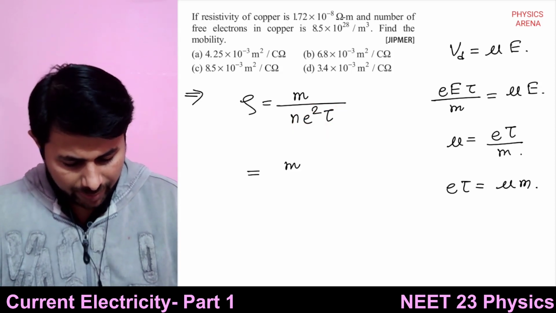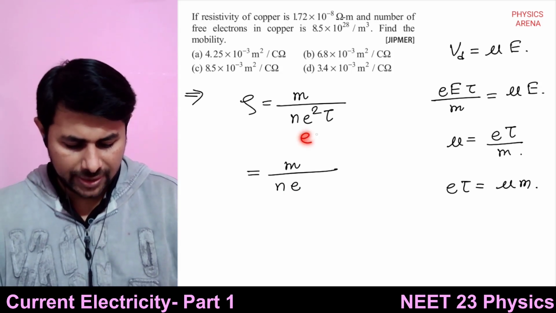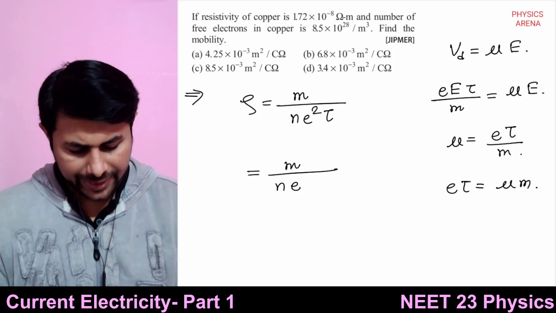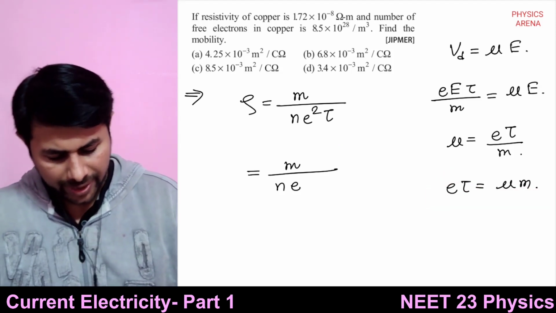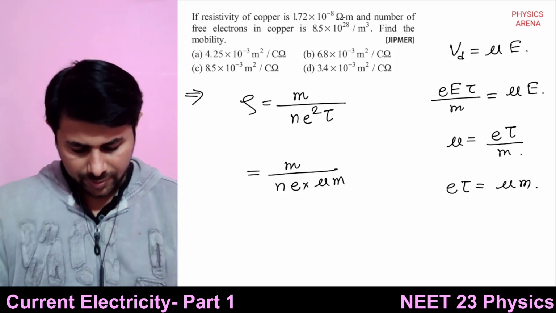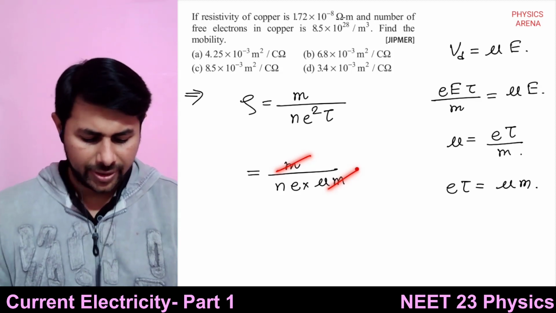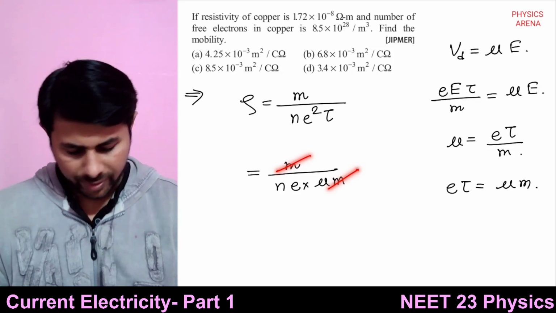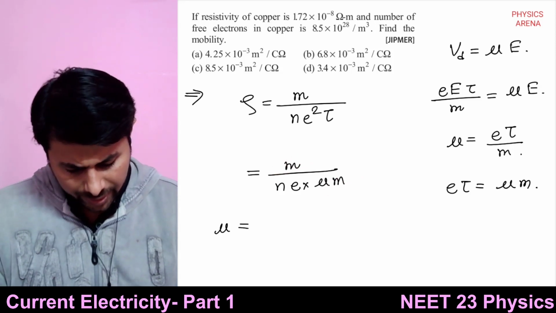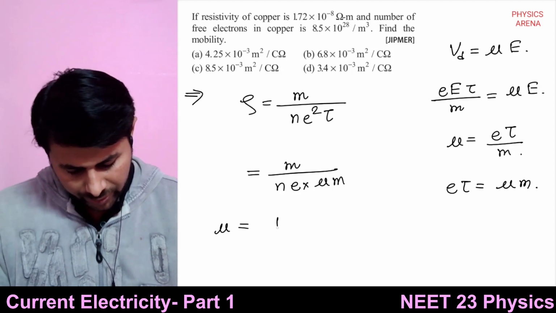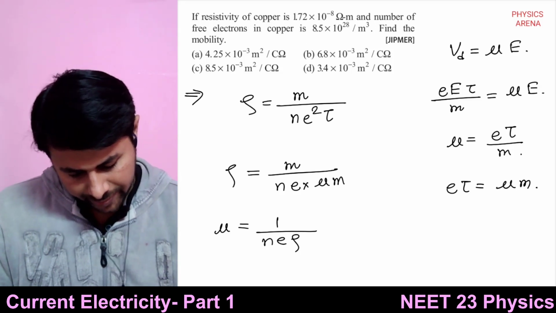Okay, so we get m upon n multiplied by E, and I will write this E square as E times E. Okay, so we have E times E multiplied by tau, and what is E times tau? It is mu multiplied by m. So this m and m will get cancelled, and we are just left with n E mu. So we get the formula for mobility in terms of resistivity. It is equal to 1 upon n E rho, right?